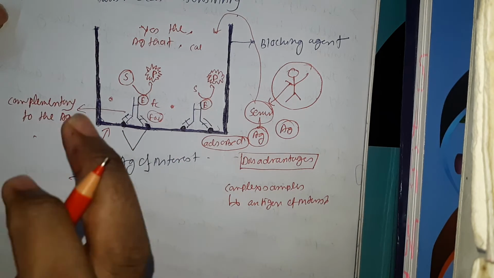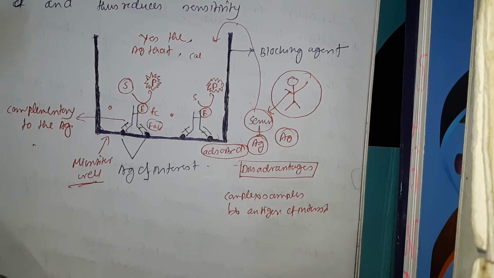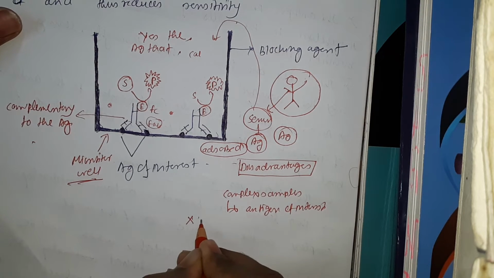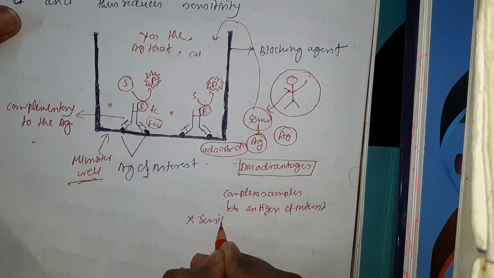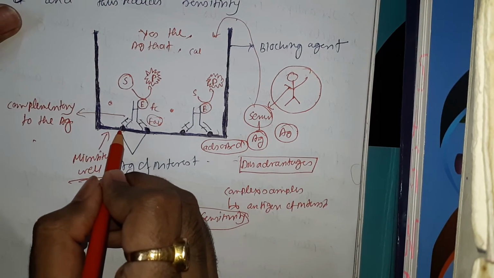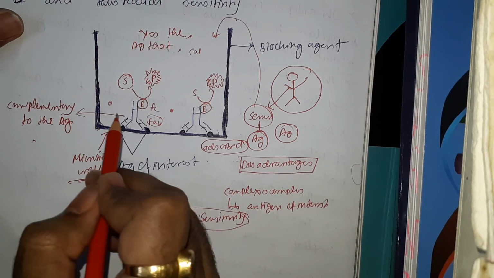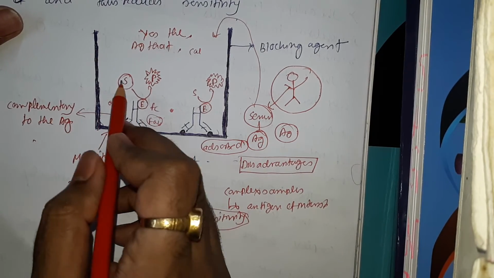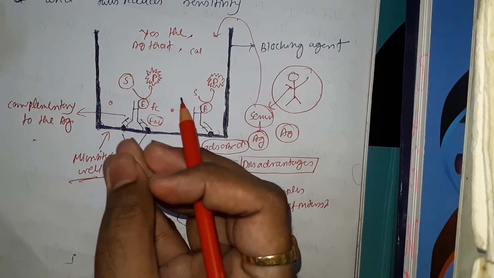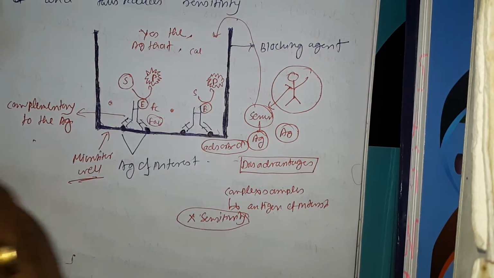The amount of antigen of interest is very low, so there is a chance that it reduces the sensitivity. As the amount of antigen of interest is very low, a low amount of enzyme linked antibody will bind over here, and upon adding the substrate, a very faintly intense color will come from them. So the sensitivity of the result will be very low.